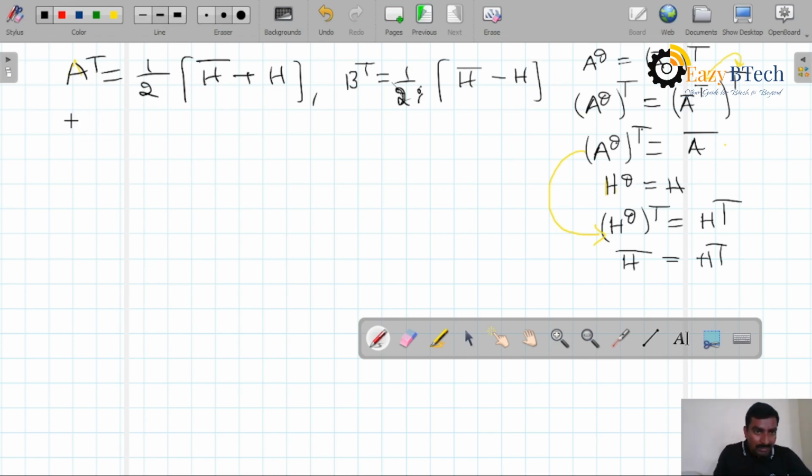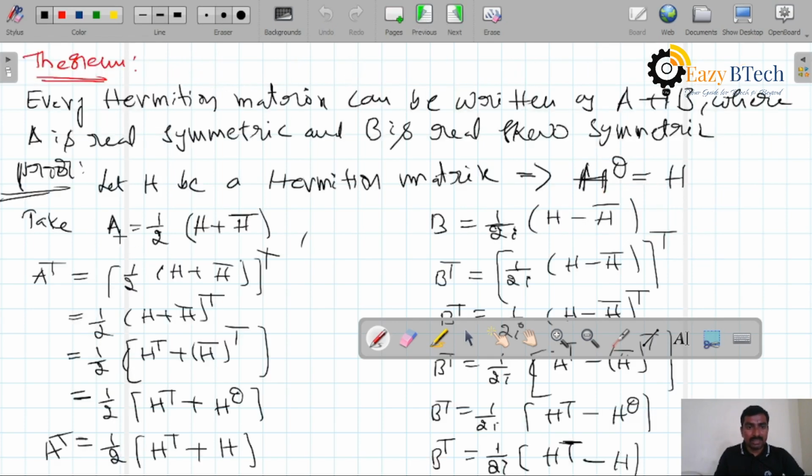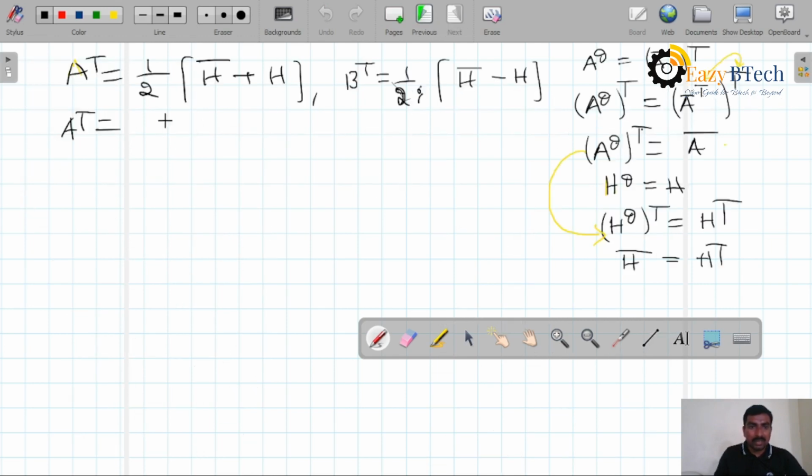A power t equals A. See, what is A here? Come to the previous page. A equals 1 by 2 into H plus H bar. Therefore, this is equal to A. Therefore, A transpose equals A.